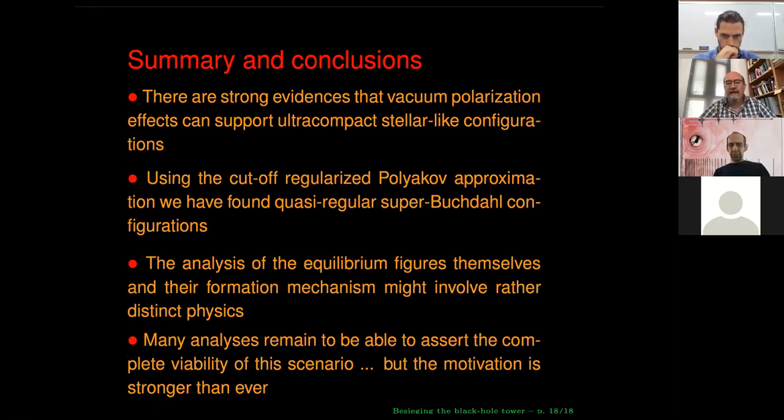As I said, the formation mechanisms and the equilibrium figures are two different things. Many analyses remain to assert the complete viability of this scenario, but the motivation, I would say, is stronger than ever. So thank you very much.